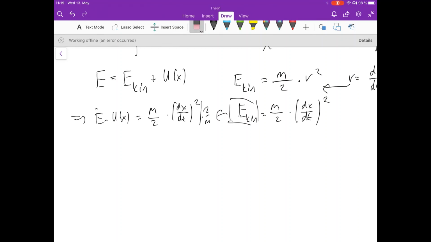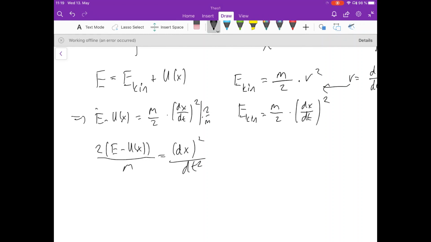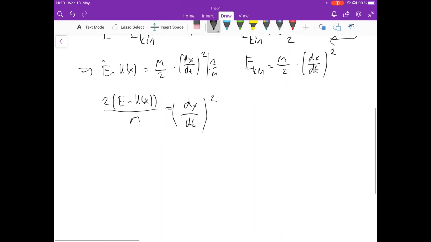So I can multiply with 2 divided by m. And it's going to be 2 times (E minus U(x)) divided by m equals dx squared divided by dt squared. Maybe better off just leaving it as it was.